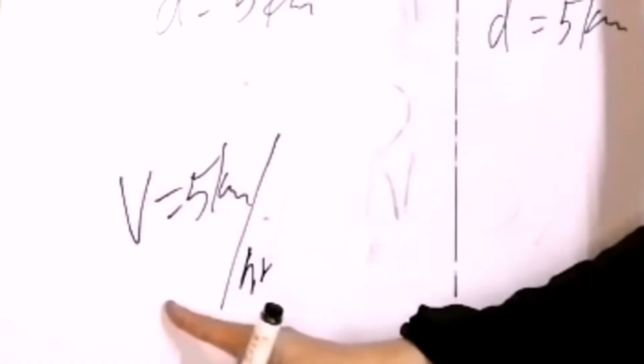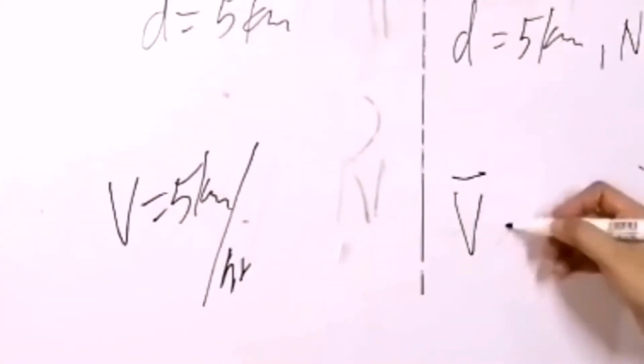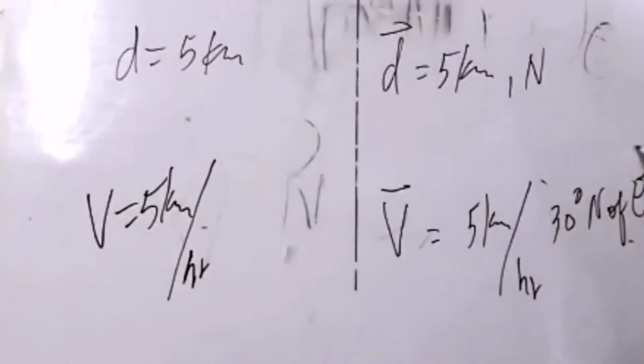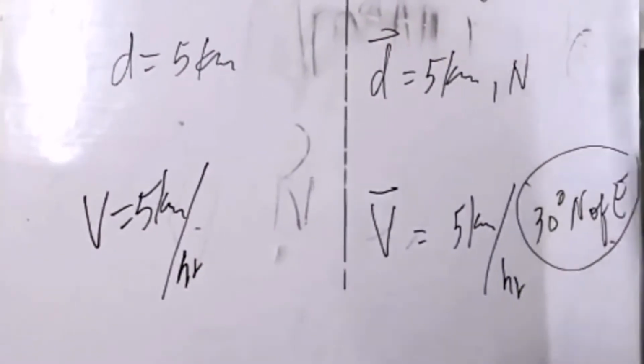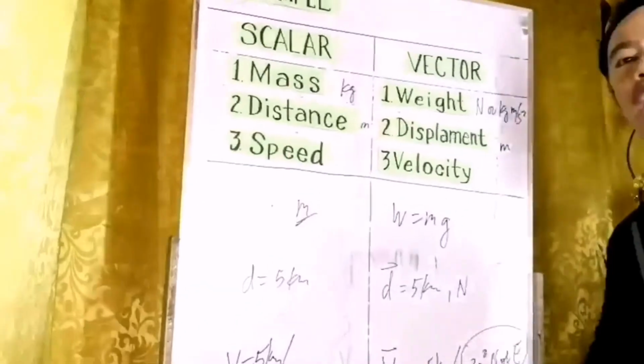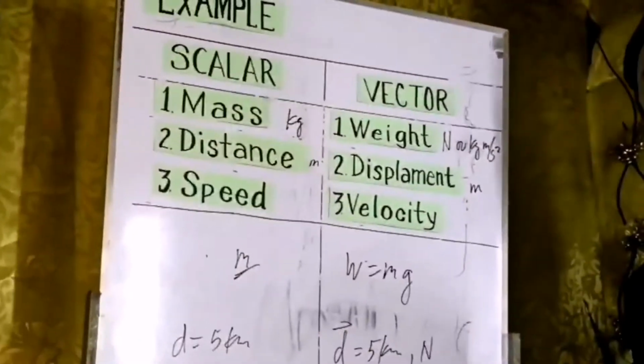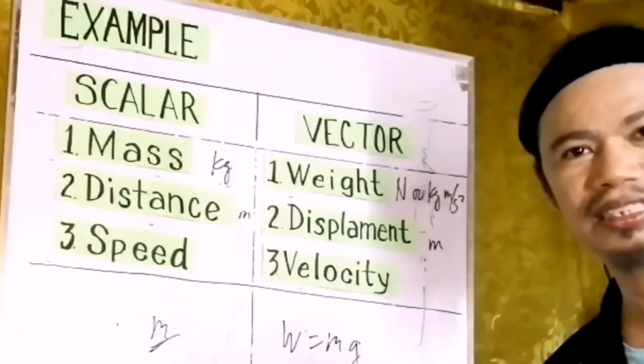So this is for speed. For the velocity, we have 5 kilometers per hour, 30 degrees north of east. The 30 degrees north of east indicates direction. That's why velocity is a vector quantity.